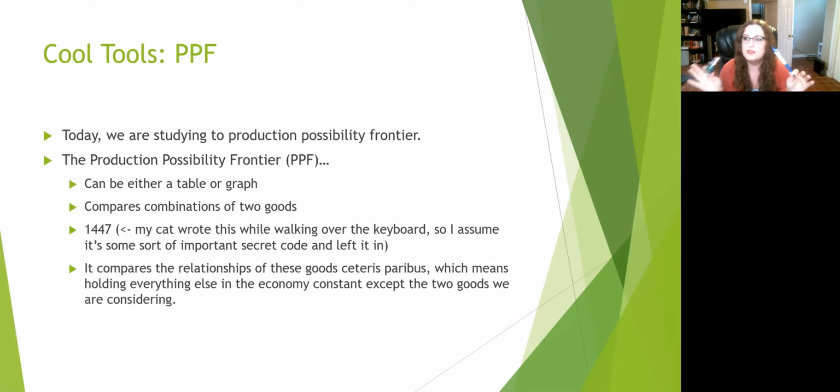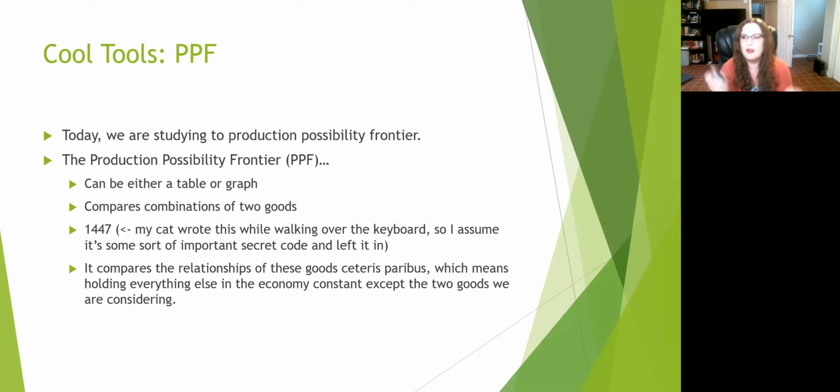We got to figure out what this trade-off is. If I want to produce 100 more nail polishes, well, how many pins am I going to have to give up making instead to make this sort of nail polish, right? So looking at that trade-off is going to be really important. These PPFs compare the relationship of these goods, ceteris paribus. Now, ceteris paribus is just a fancy word that economists use that says all other things equal.